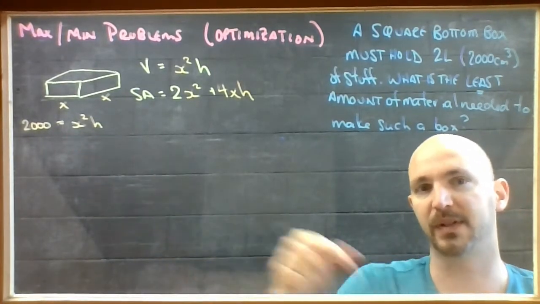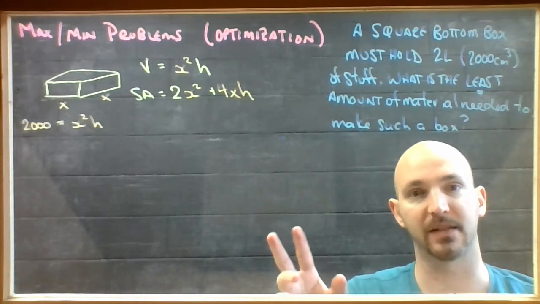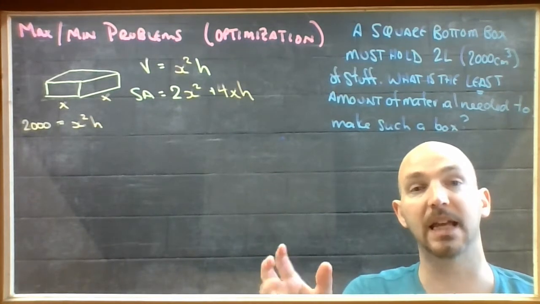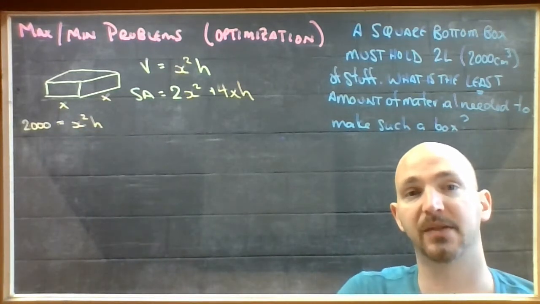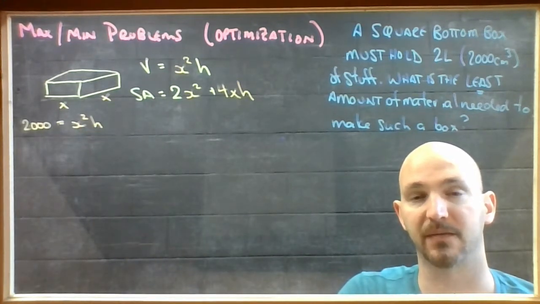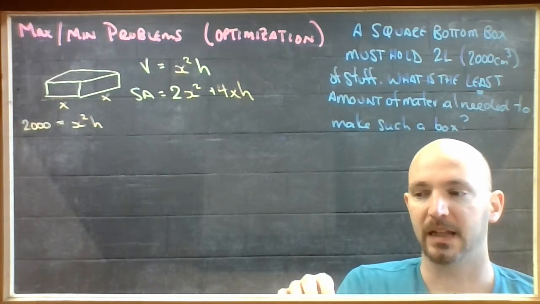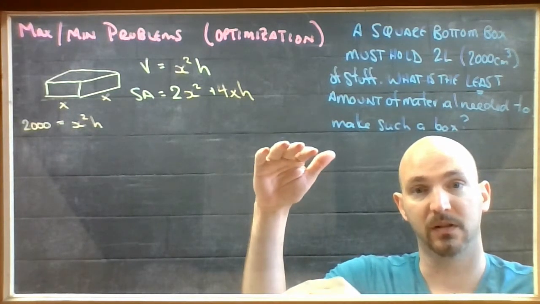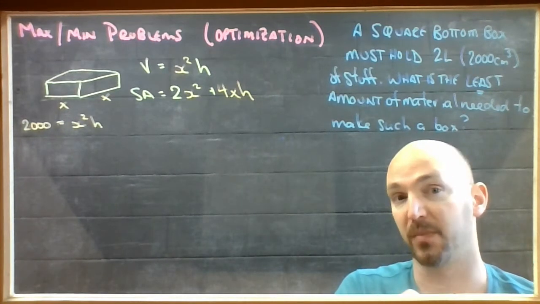Now, as soon as you put a number down on there, it has constrained the size of box you're using. I want a list of all the boxes that contain exactly 2,000 cubic centimeters worth of stuff. Well, one of them is really, really tall, but really, really thin around. It would look like a toothpaste box, right?